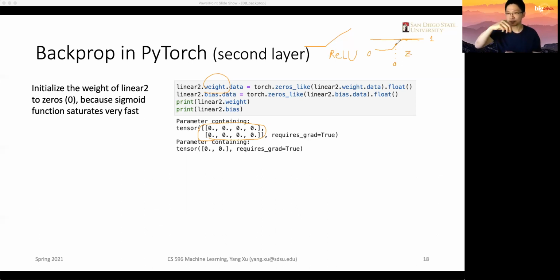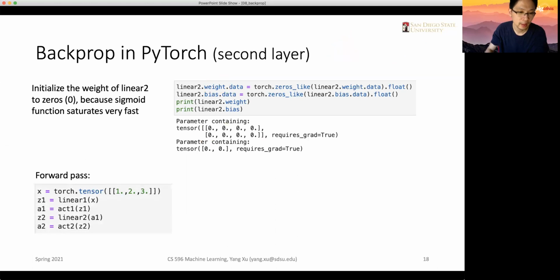It would not be close to 0, because there's a slope near the middle range of this sigmoid function. So that's basically why we use different initialization here. And for the forward pass, this time we use the same x, and we don't require gradients for x now.